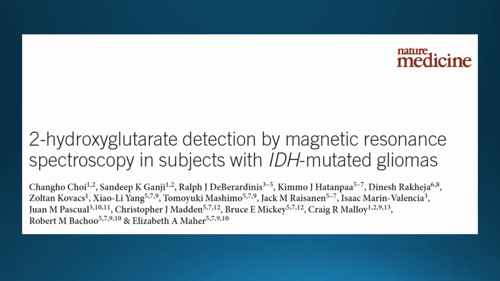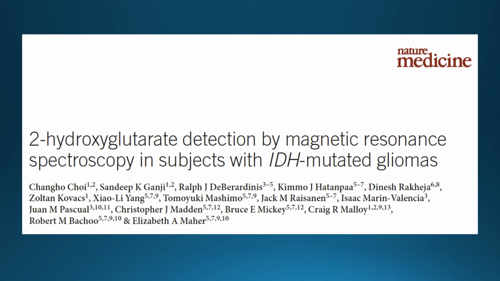So a couple of years ago, a group was able to detect the 2-hydroxyglutarate using MR spectroscopy in patients with IDH mutated gliomas. So this could be a very important thing because, as I said, there's no 2-hydroxyglutarate in normal cells.